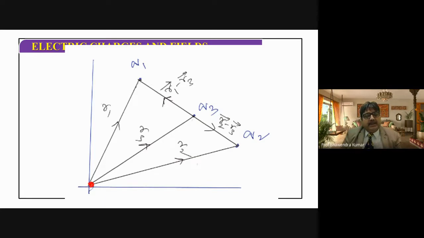They are meeting at this point. Charge Q1, charge Q2, charge Q3. The position of Q1 is R1. The position of Q2 is R2. The position of Q3 is R3.